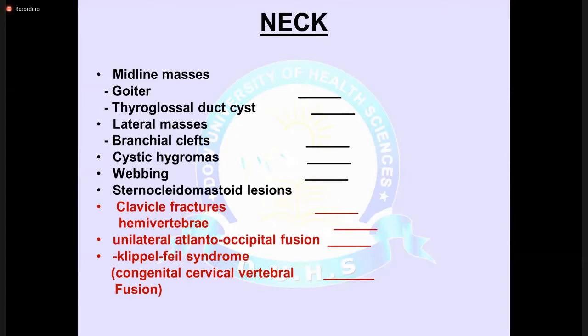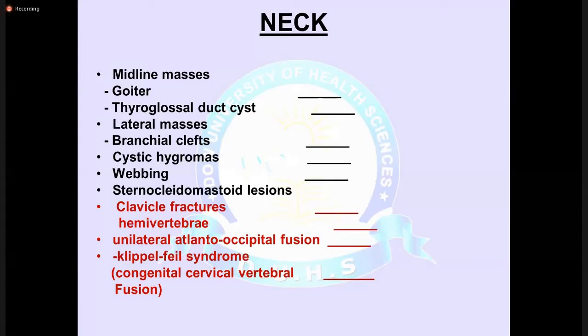Then check the neck. In the neck, the midline masses, any goiter, any thyroglossal duct cyst, any masses on the lateral sides, the branchial cleft, the cystic hygroma, the neck webbing, the sternocleidomastoid lesions, clavicle fractures which may occur during the birth process, hemivertebra, the unilateral atlanto-occipital fusion known as Klippel-Feil syndrome.